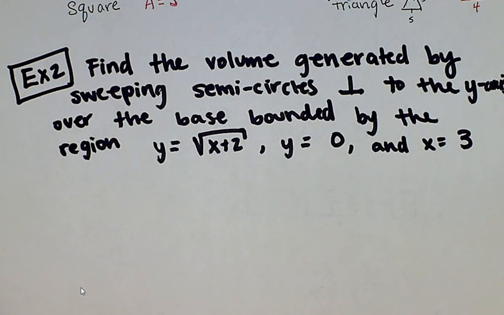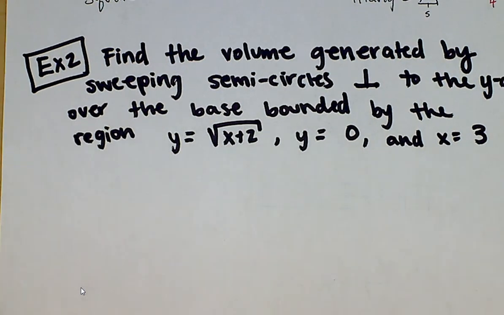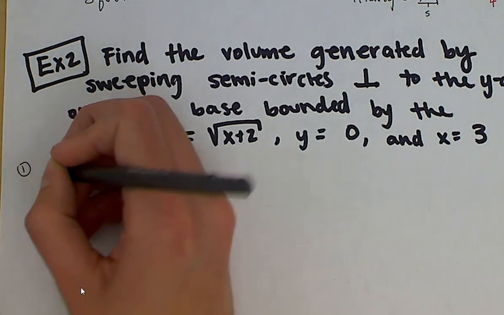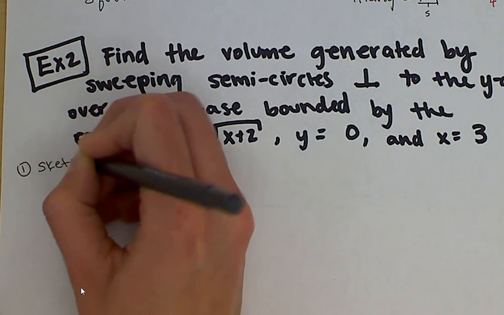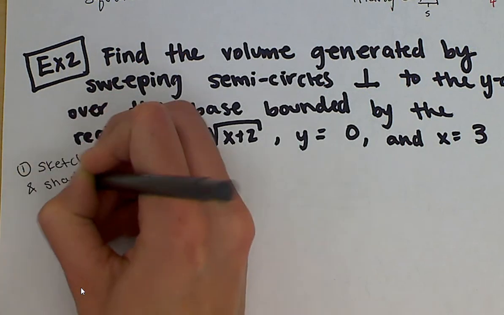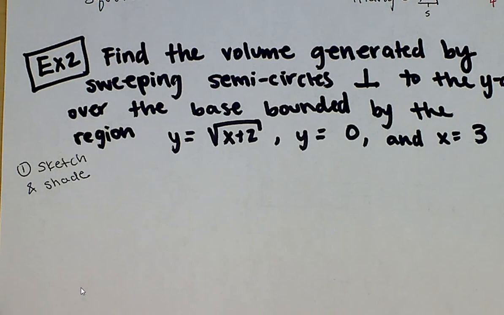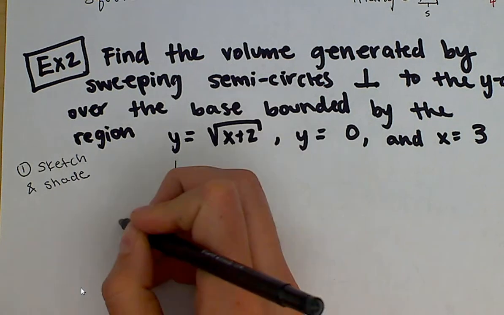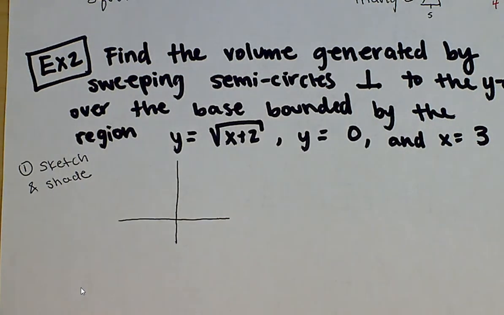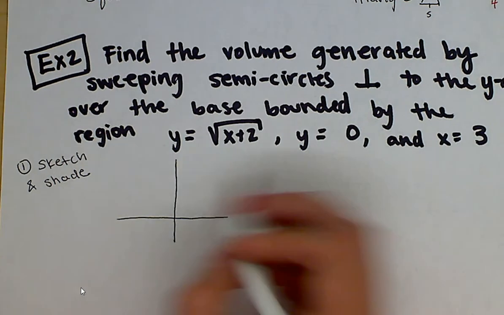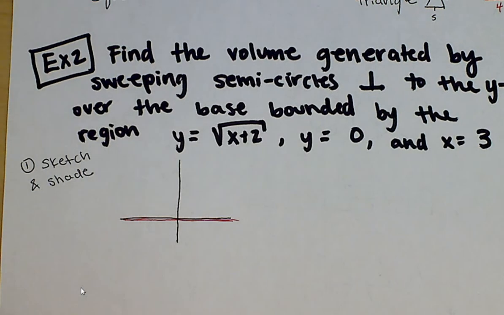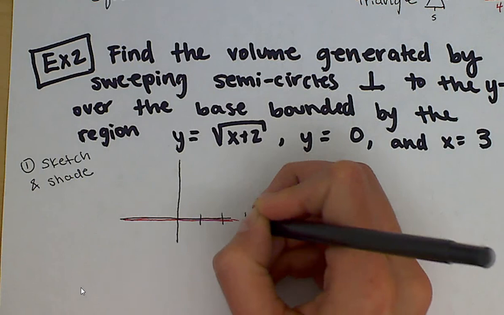Okay, and as usual, my first step will be to sketch and shade. So I need to sketch and shade my region. First, y equals 0 is just my x-axis, like that. And then the line x equals 3, I'll put out here.